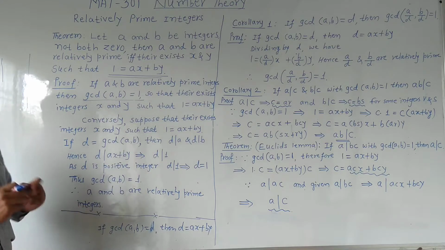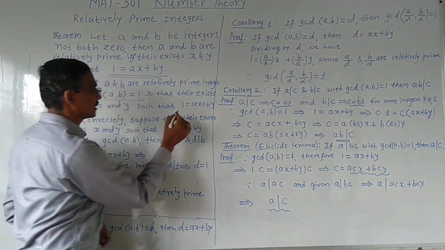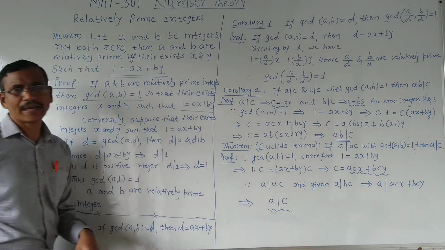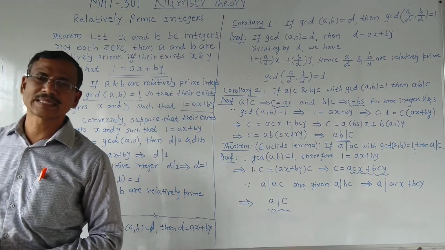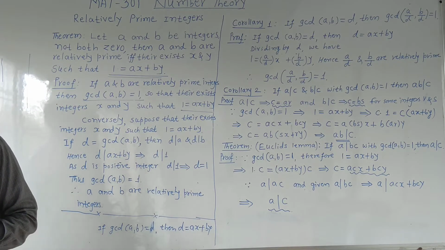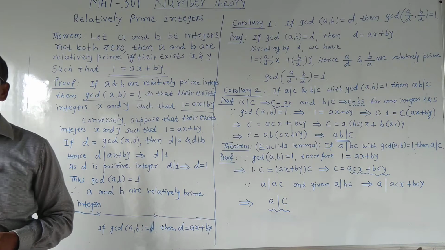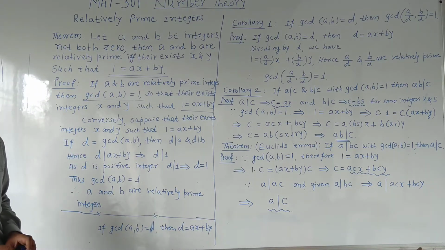That means there exist integers x and y such that 1 is equal to ax plus by. That is the first part of this theorem. That means if a and b are relatively prime integers, then there exist x and y such that 1 is equal to ax plus by.